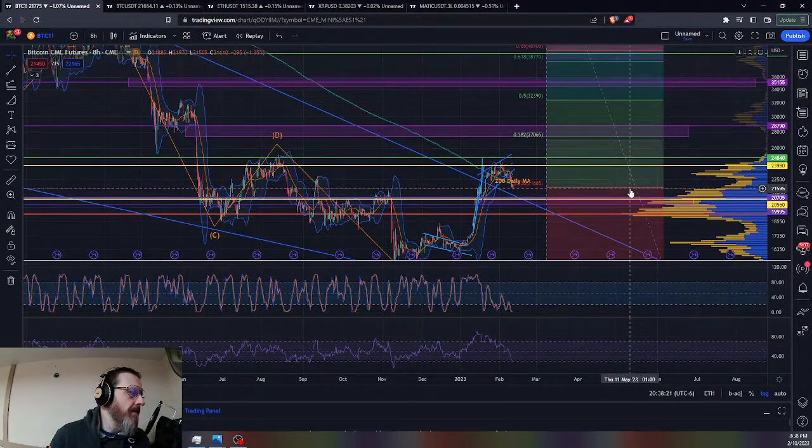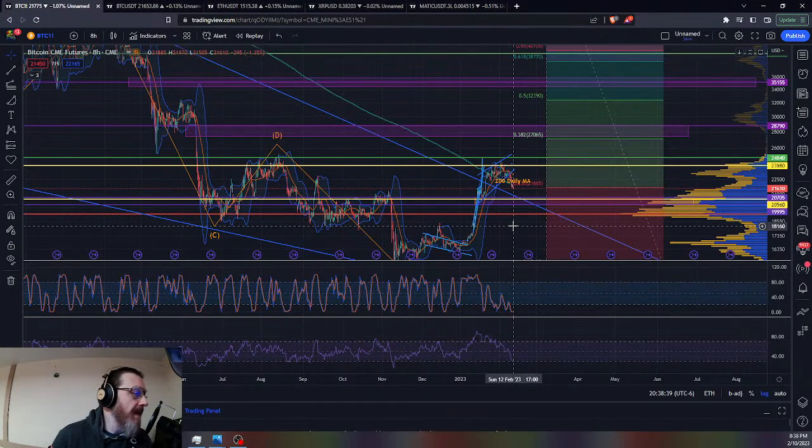Do we hold this fib level, or do we dip a little bit further into this CME gap area, or even down to this area on the VRVP, which is around 19,190, which, you know, basically that 19.2 level. You can see over here, there's been a lot of touch points there.